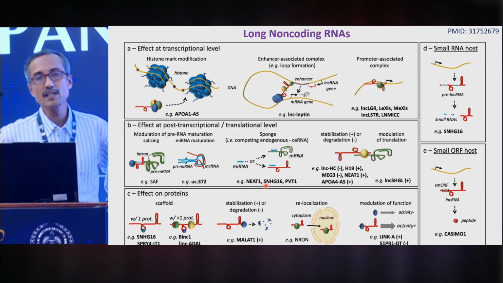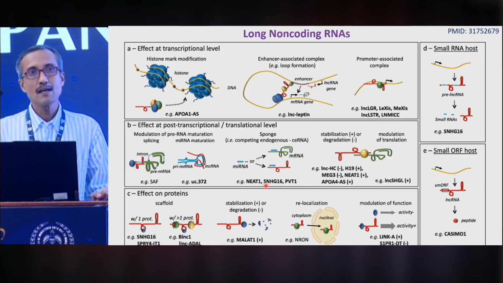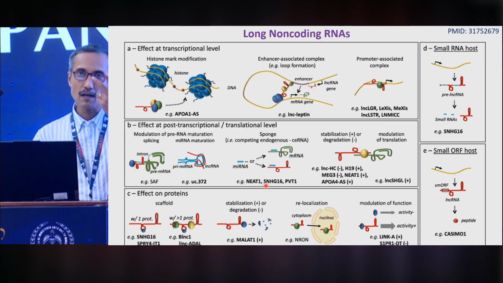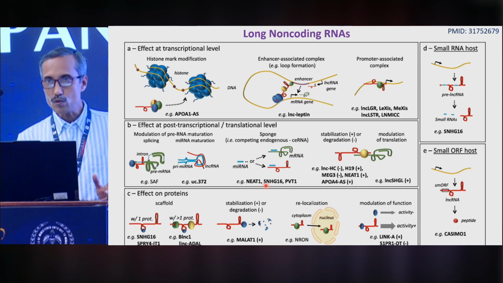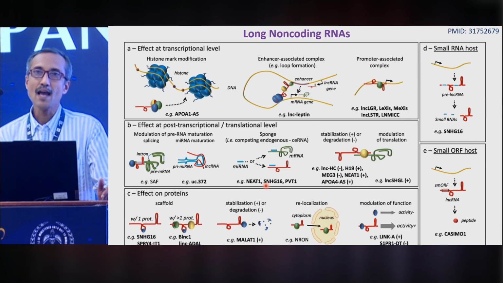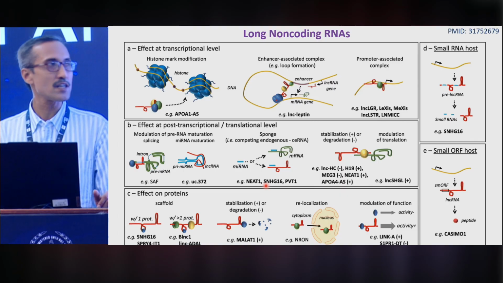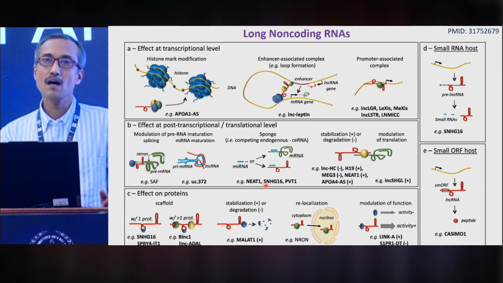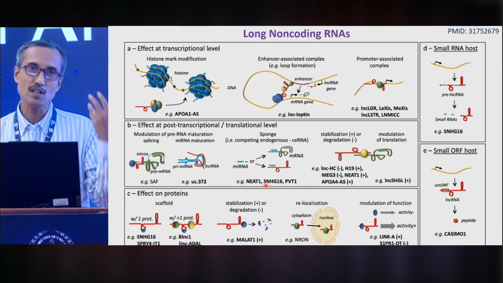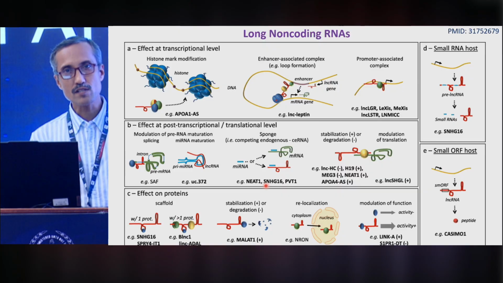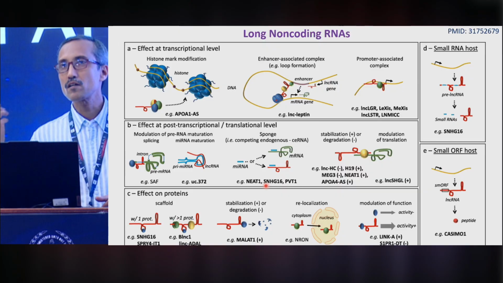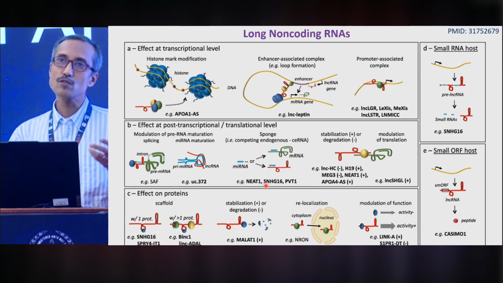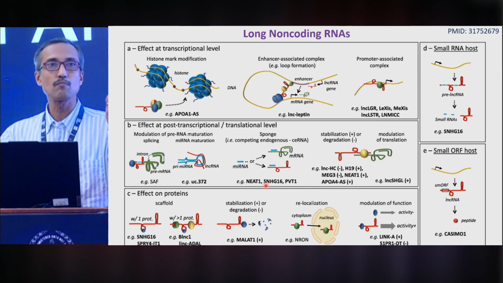So long non-coding RNAs, to be more precise, are non-protein coding genes which are more than 200 nucleotides. They function at multiple levels, starting from regulating transcription, then RNA processing, processing of other mRNAs, and translation, and they also act as decoys of microRNAs.